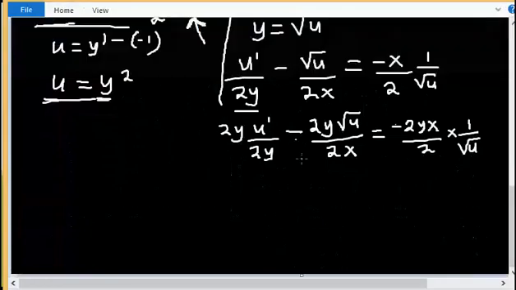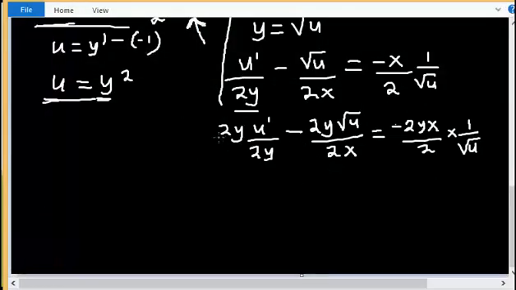Here we go. So now, of course, 2y cancels 2y, so I'm left with u prime minus, okay, 2 cancels 2 here. Then don't forget what my y is. My y is the square root of u.